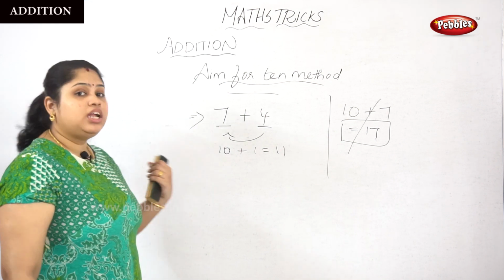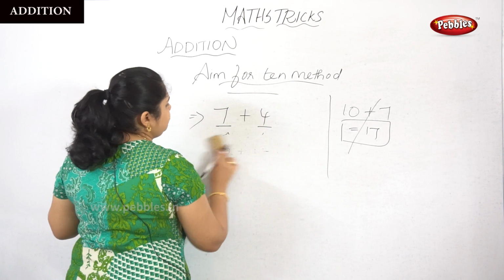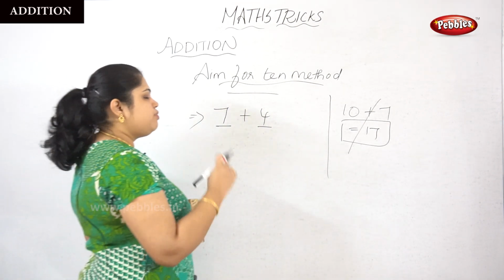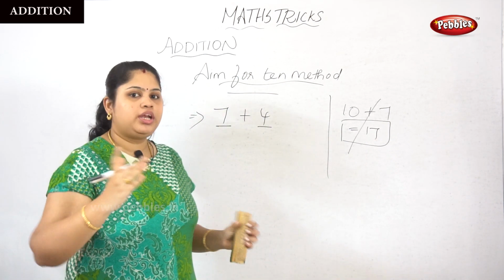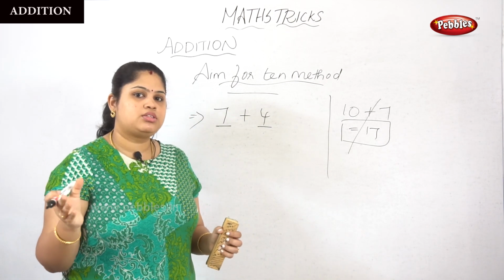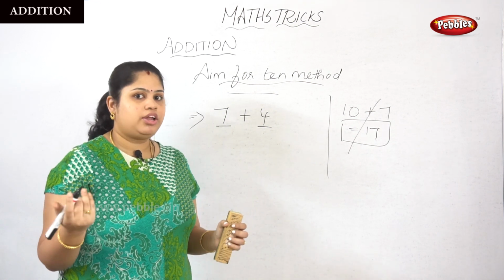Now okay, you can think it that way, or you have another option to think logically. So this is 7 plus 4. In the aim for 10 method, always we want to have a set of 10. I will tell you when it comes to Vedic mathematics. In basic Vedic mathematics we have some 10 point circle. At that time I will definitely tell you.